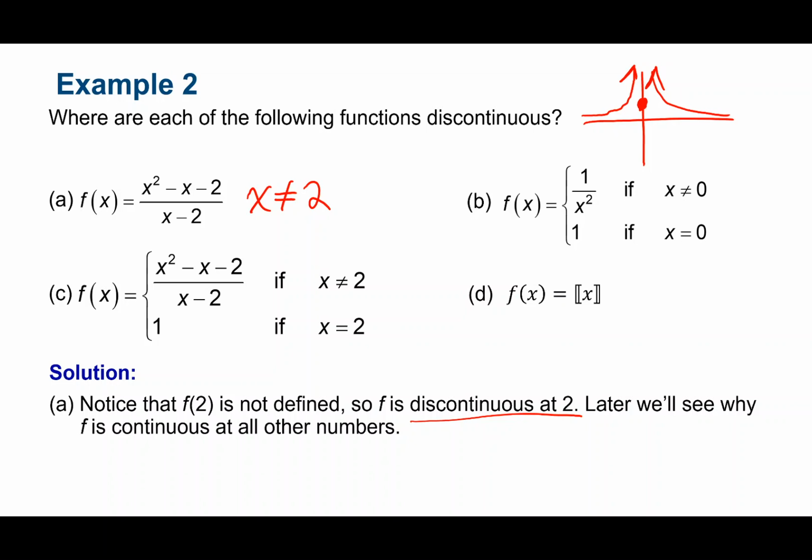And okay, so we could find the limit of this, right? It's a rational function. Find the limit. And we can find the limit of a constant. Find the limit of both of these. And the last part, we need the 2 values to match. So if we wanted to find the limit of x squared minus x minus 2 over x minus 2, we could factor the top and the bottom.